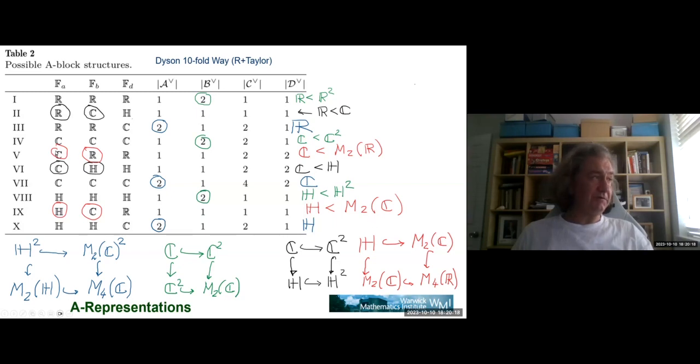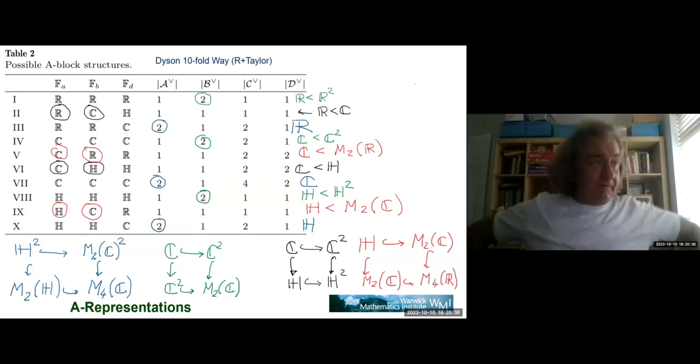And again, you can see it somehow. For me, this is where I would look for them, because here C goes to R, H goes to C. These are Dyson types CR and HR. And that's a typical structure of this block.